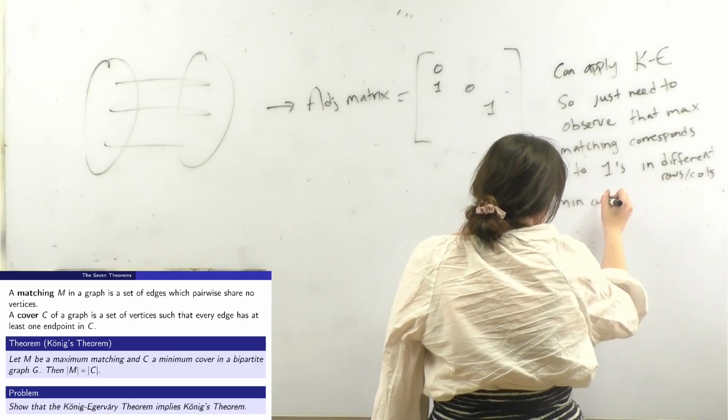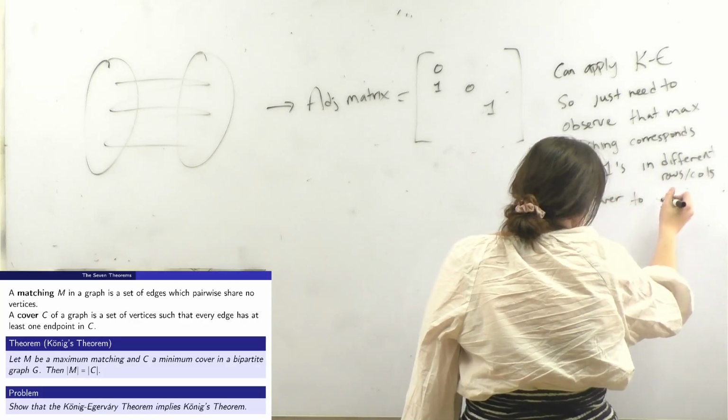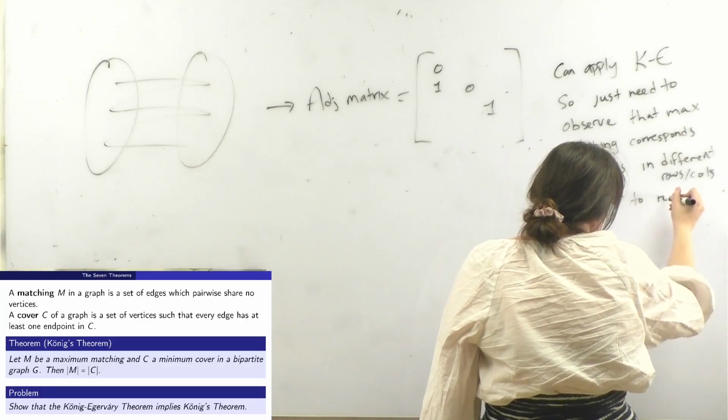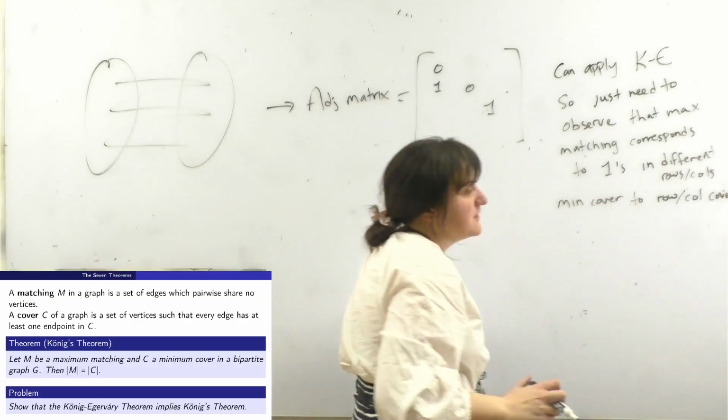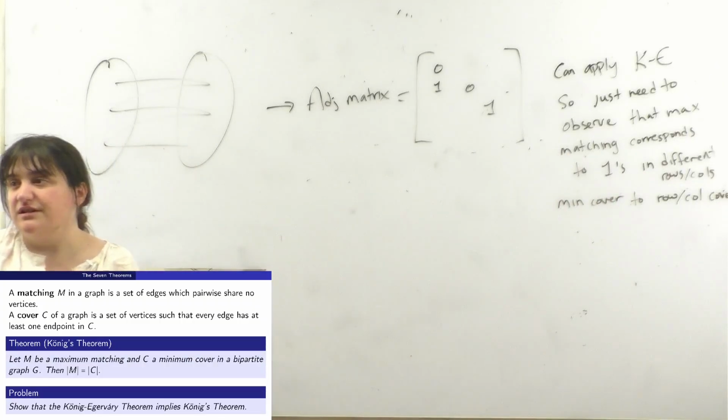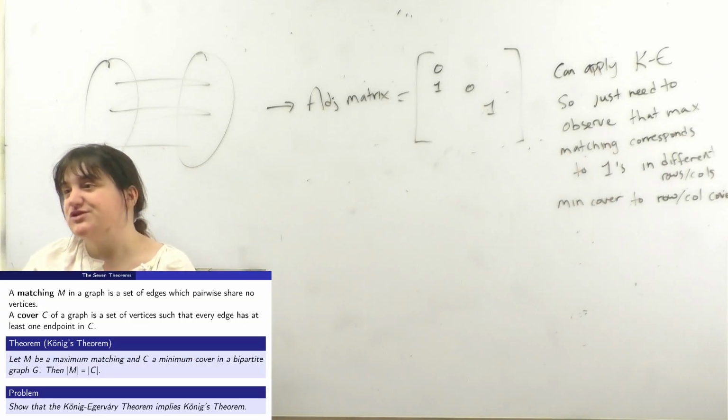And a min cover corresponds to one of these row column covers. Okay, that seems true, right?